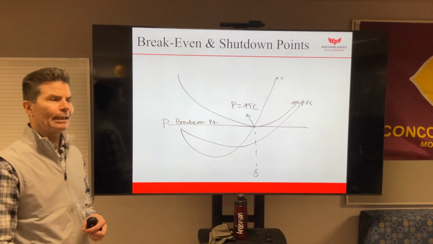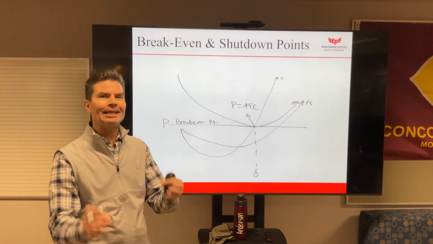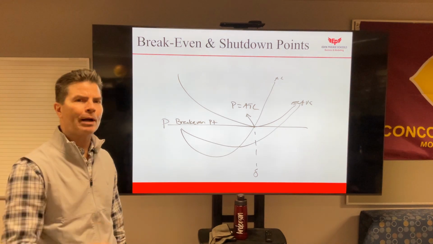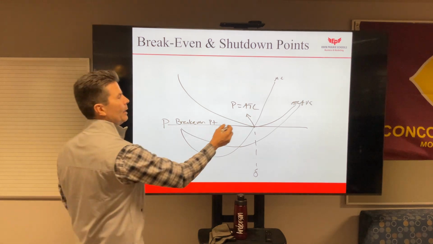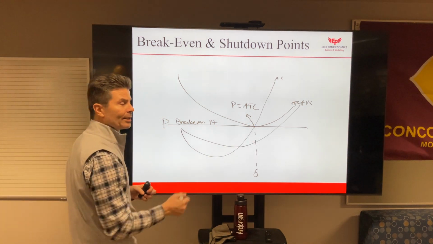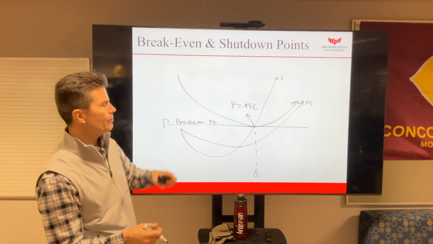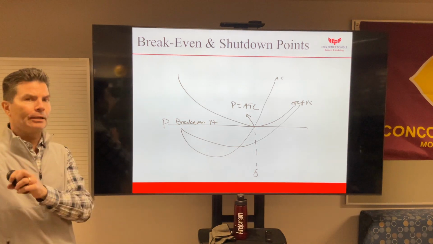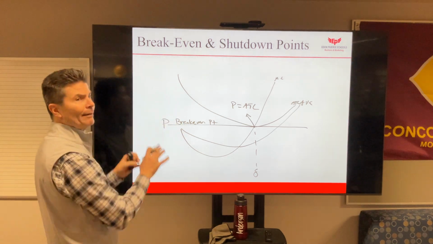And earlier on, I think in the last video, you figured out that when price equals ATC, I'm breaking even. I have a normal profit. So if you're breaking even, it's when at the optimal quantity, your price is at the minimum point of the ATC. That is going to come back. We're going to talk about that a lot more later on in another video. But that's a key thing for you to be able to see. So that's the break-even point.